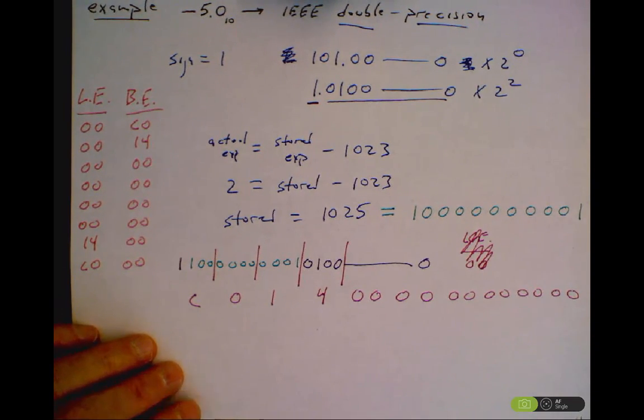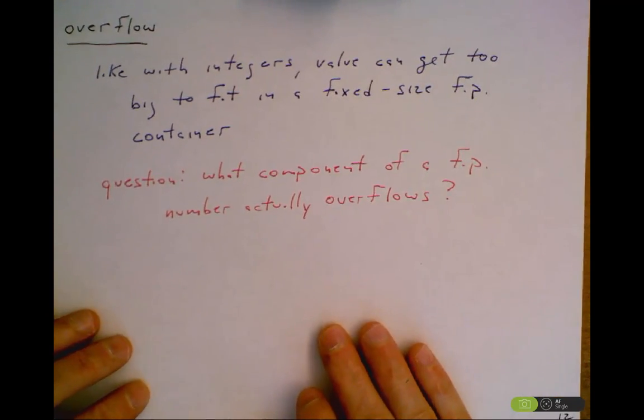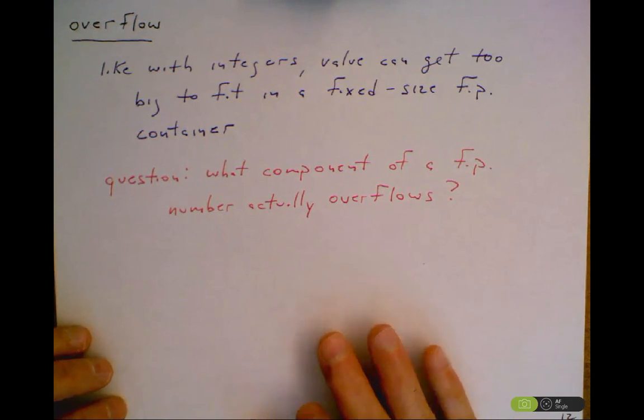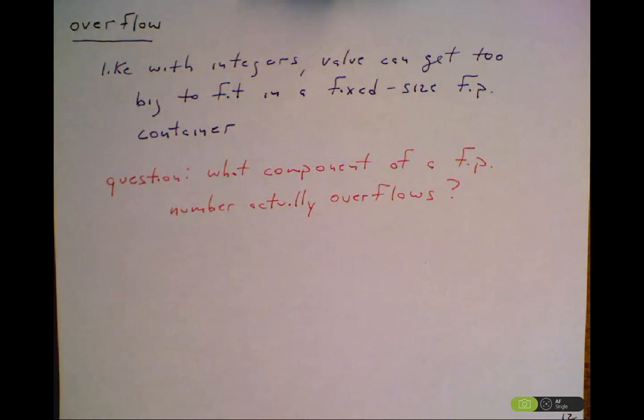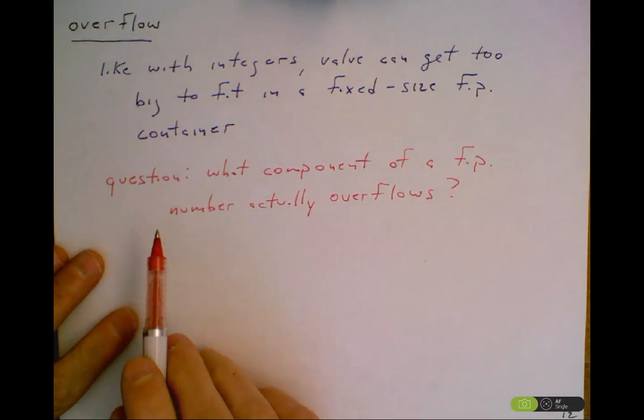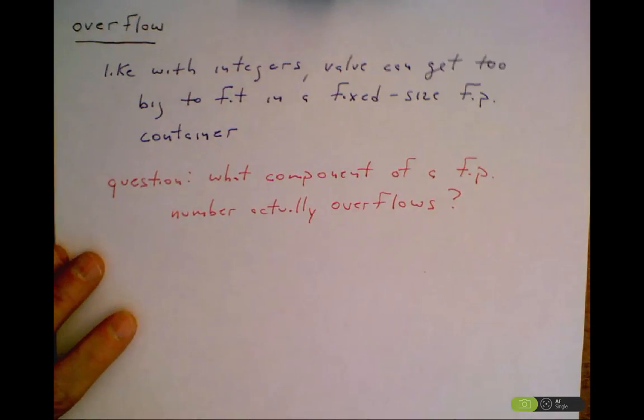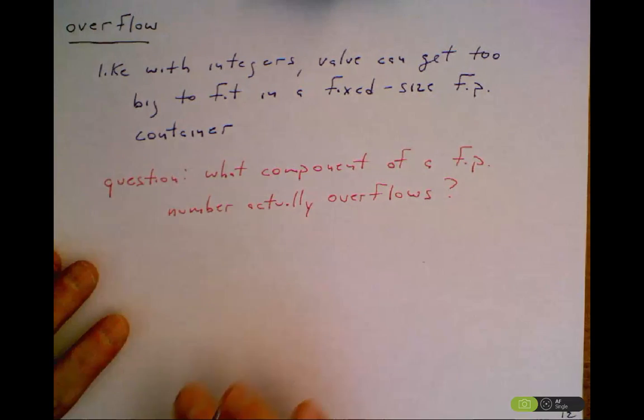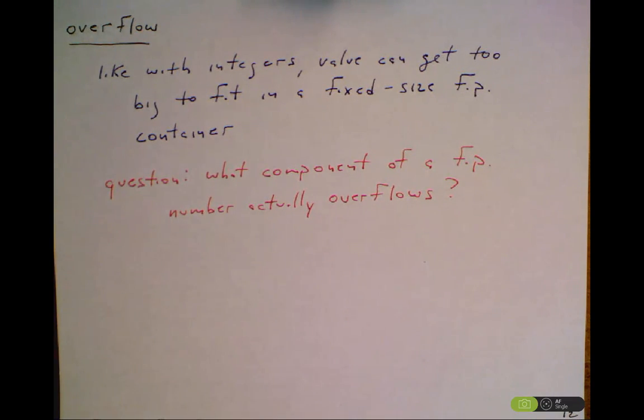Well, one other thing we need to talk about is the concept of overflow. Like with integers, a value can get too big to fit in a fixed size floating point container. So values are going to overflow in the same way they did with integer values. The question, think about it for a couple seconds, is what component of a floating point number actually overflows?